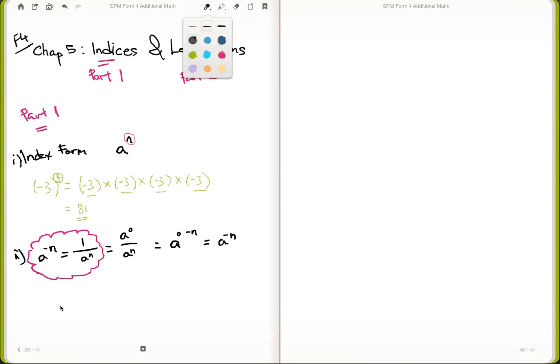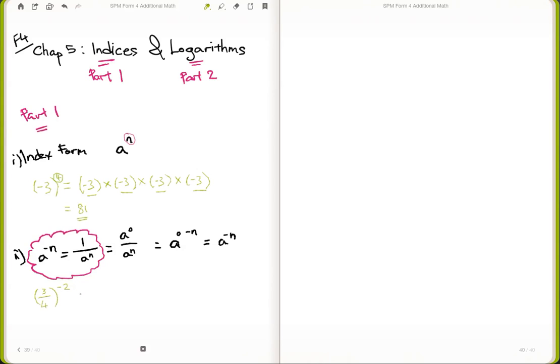Say for example, I have a fraction, -3, let me not use a negative number, so confusing. How about 3 over 4, raised to the power -2?